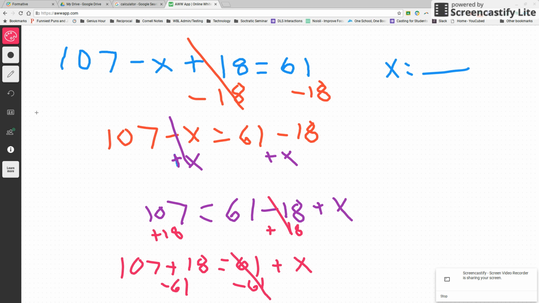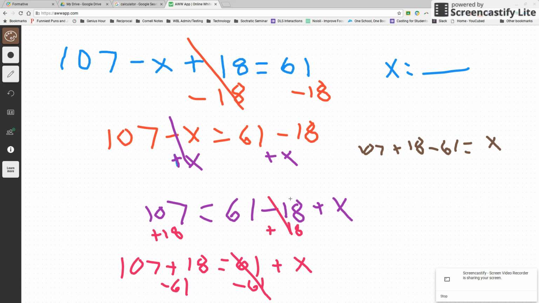That means I have to subtract it from the other side, giving us a new equation that looks something like this. So I still have the 107. I'm going to write it up here because I'm running out of room. Plus 18 minus 61. And now I've got x all by itself on the other side.